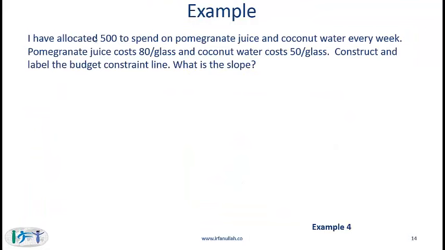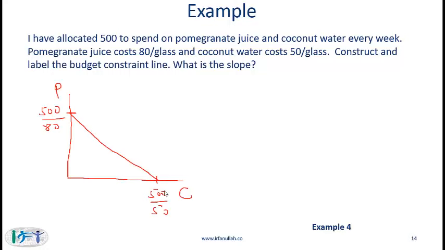Now I want you to do this example. This is fairly straightforward. Here is the budget line. So I can be anywhere on this line or anywhere within the line. If I spend all my money on pomegranate juice, then this is the quantity of pomegranate juice I can buy. So 500 over 80.